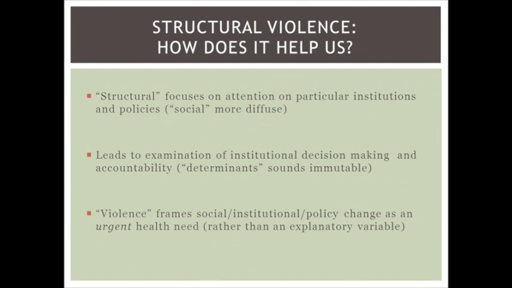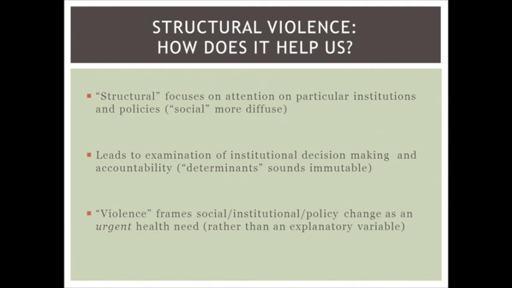And why might structural violence as a concept help us? One, it again focuses us on institutions and policies. With social determinants, the word social is kind of diffuse. It's kind of hard to pinpoint. It's just social. Whereas structural implies that there are specific institutions and organizations that we can look to, and policies for change.